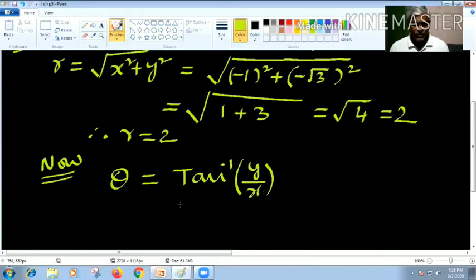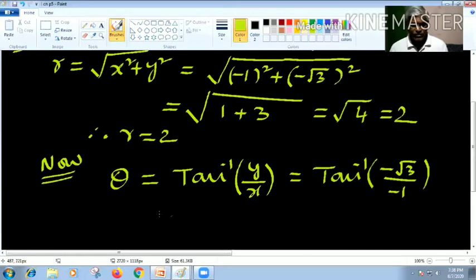Here y value is minus root 3 and x is -1. So it is nothing but tan inverse root 3.